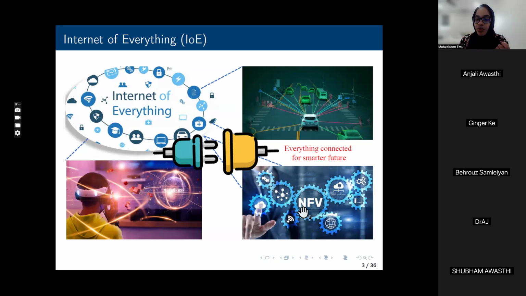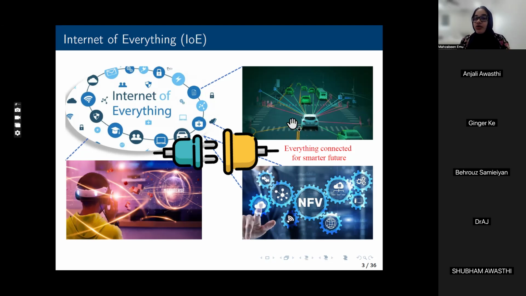The first one is network function virtualization, which is basically the concept of softwarizing network functions such as firewall. Another application area is metaverse, which is basically extended virtual reality. And finally, connected autonomous vehicles, where the vehicles can sense and operate on their own without any kind of human involvement.